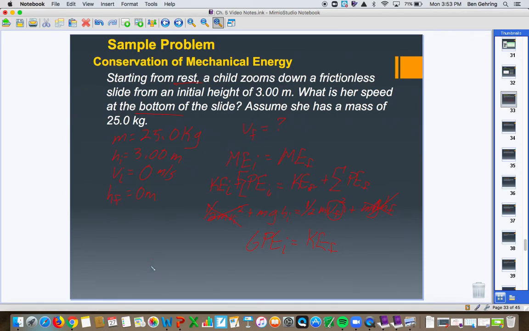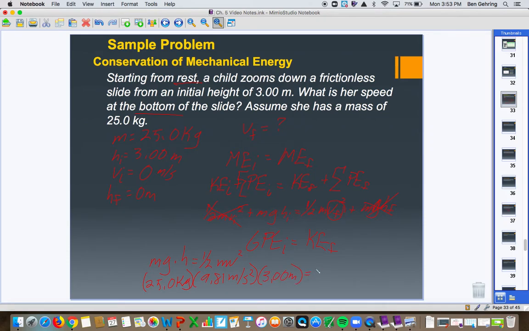I can take my mass times gravity times height equal to 1/2 mv squared. And I get 25.0 kilograms times 9.81 meters per second squared. And my height was 3.00 meters.